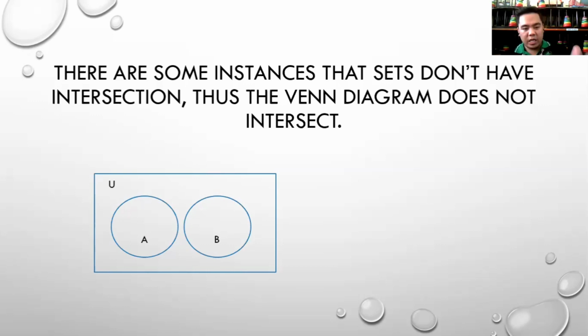So pwede, ganyan yung pag-visualize, it's very okay. Pwede naman mag-intersect, pero lagyan mo ng empty set, depende na lang yun. Hindi lahat ng circle ng sets ay mag-i-intersect talaga.